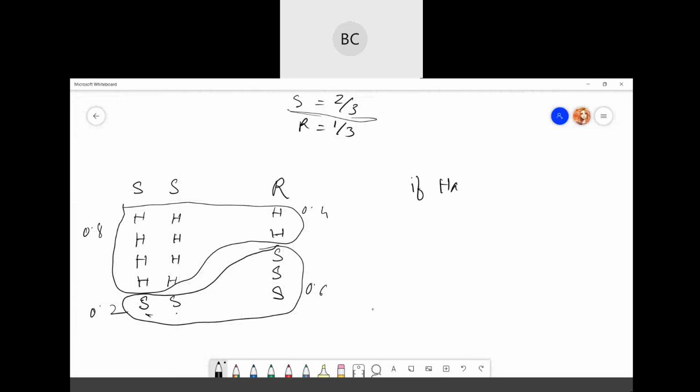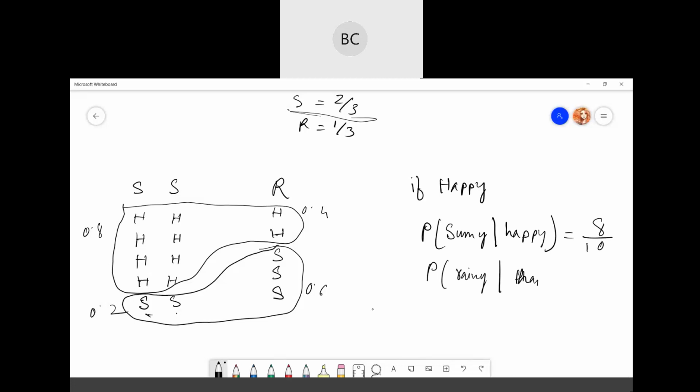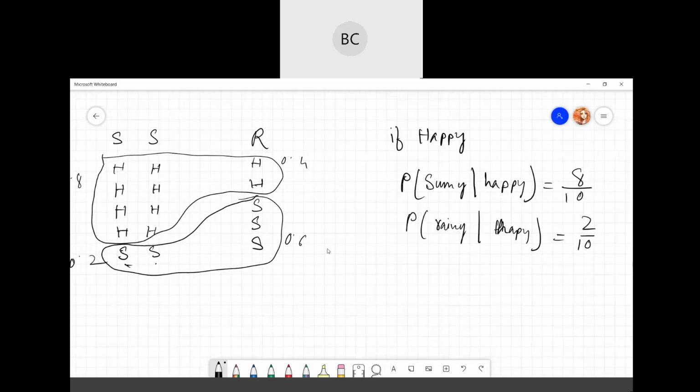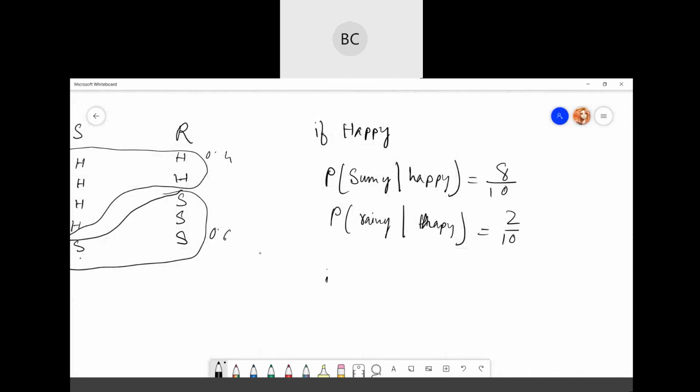If he is happy, the probability that it is sunny given he is happy, you can find there are 8 observations out of 10. And for the probability that it is rainy given that he is happy, again it's only 2 out of 10. Similarly, you can find the conditions for sad.